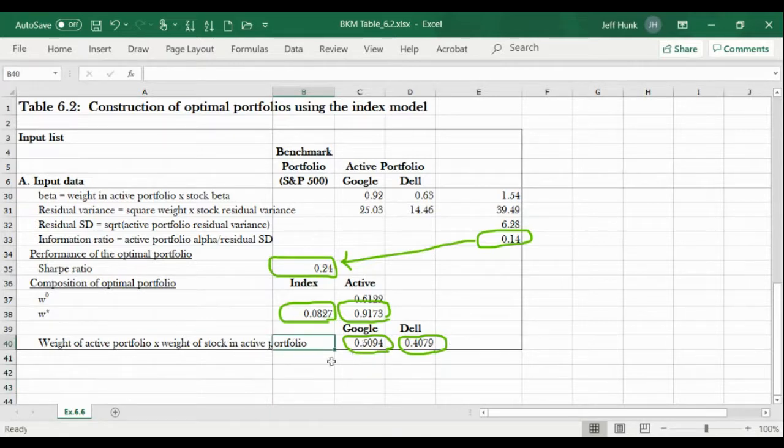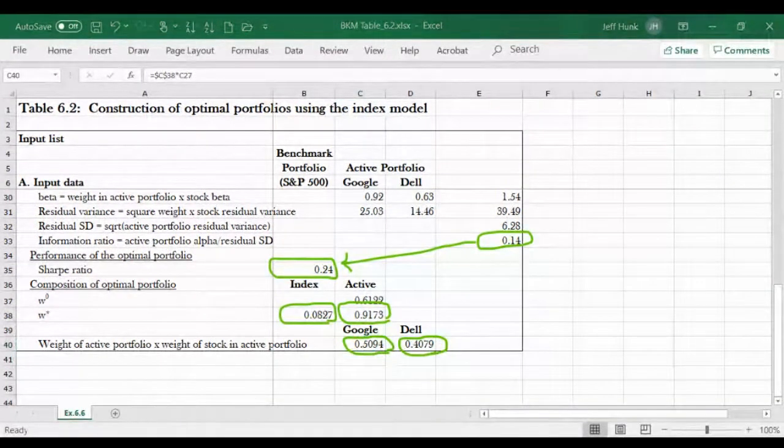If you do that, it took too much time, actually. So in summary, you will see that the optimal portfolio invests 91.73% in the active portfolio and 8.27% in the index.